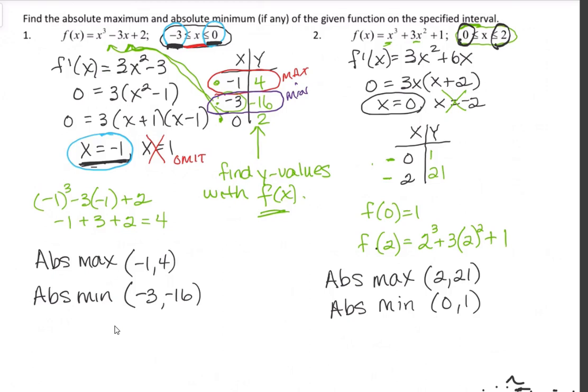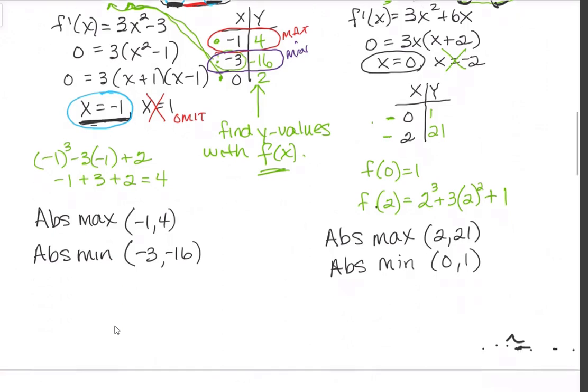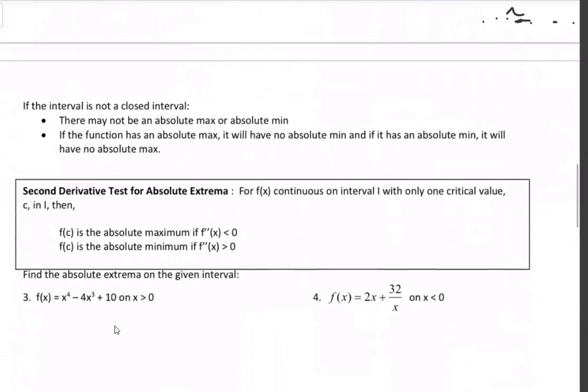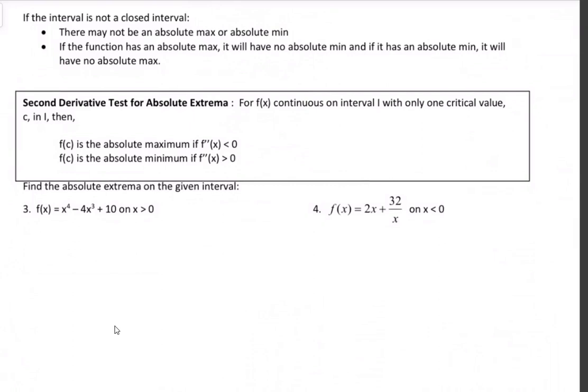So on closed intervals, these are the steps that you follow each time. Nothing too terribly difficult or complex about it. But now we need to turn our attention to intervals that are not closed. A couple of different things here.